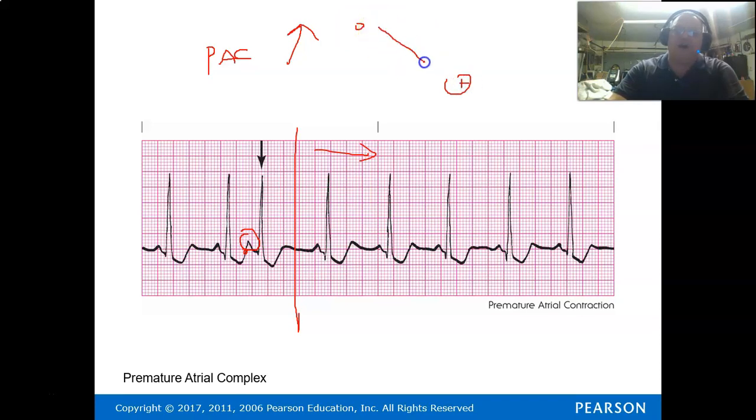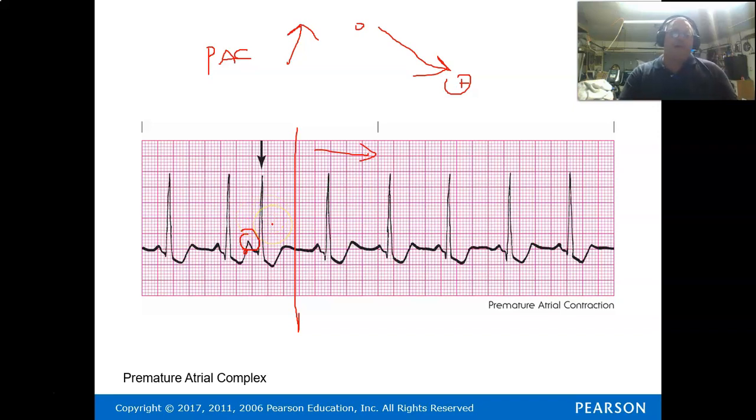It's still following the usual same flow. So most of the time, the PAC is upright. Now, the only thing physiologically that's kind of bad about this is that you didn't have a good repolarization period. But again, not a big deal usually.